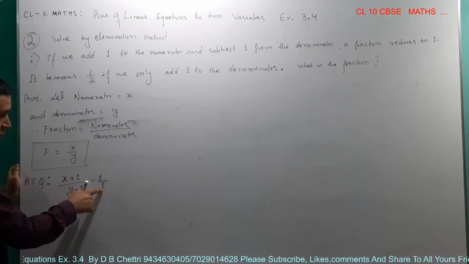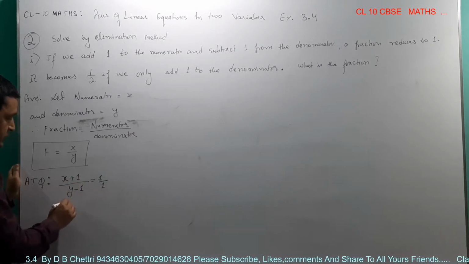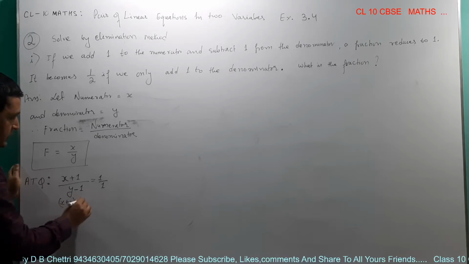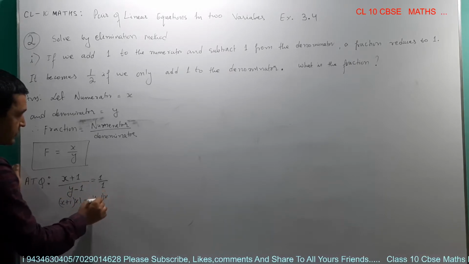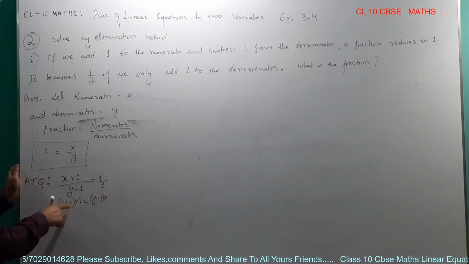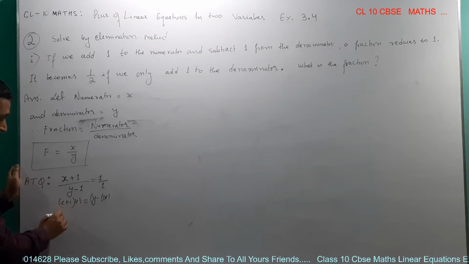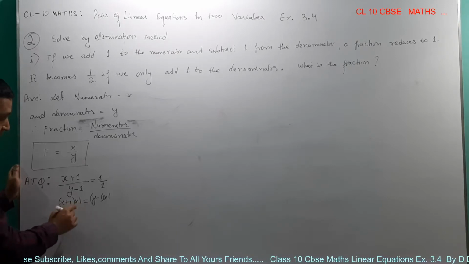(x plus 1) into 1, then (y minus 1) into 1. If there are two terms, always use brackets. Now take this 1 and multiply to both. 1 multiply x is x, and 1 multiply 1, plus into plus is plus, is 1.